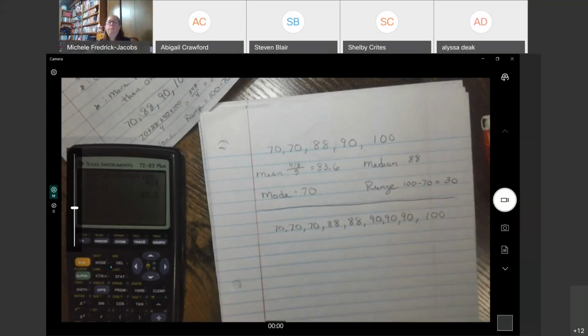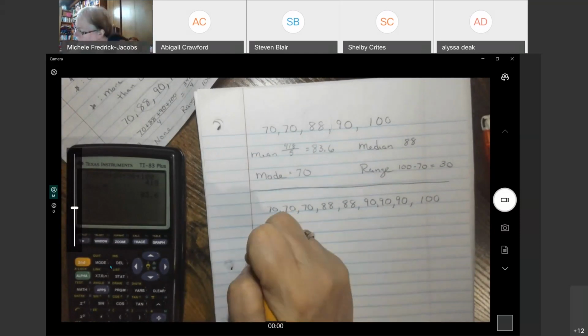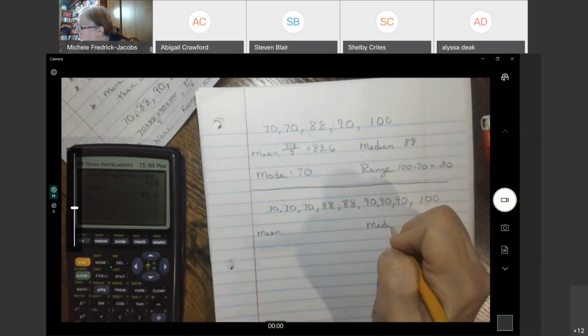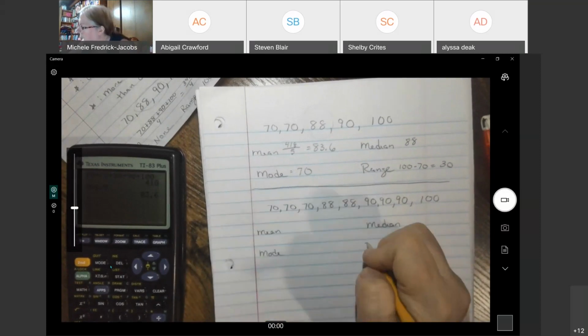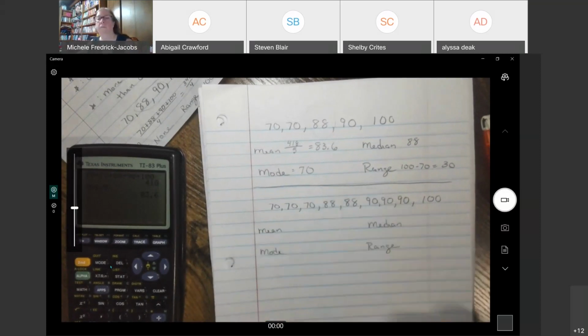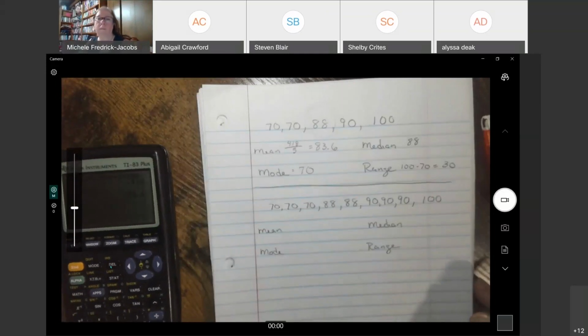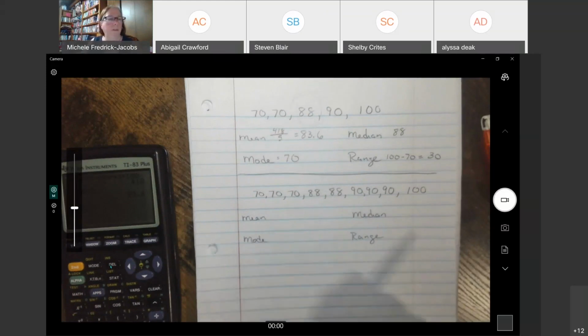How about this one? Find the mean, median, mode, and range.